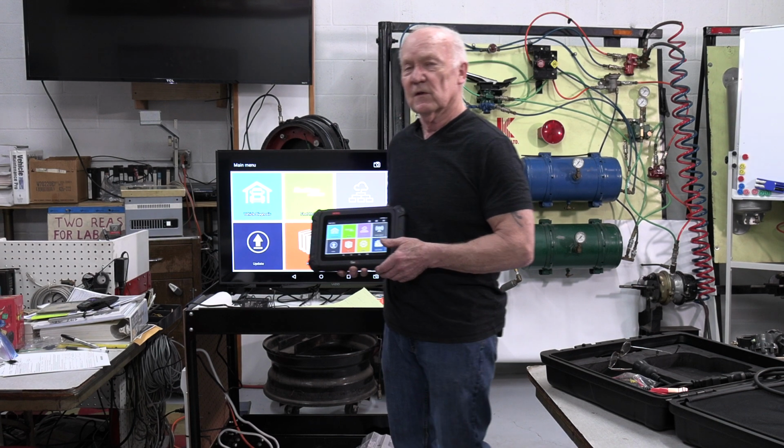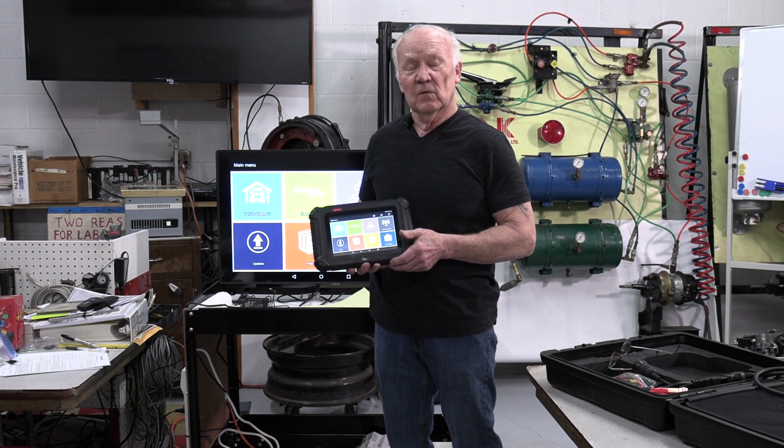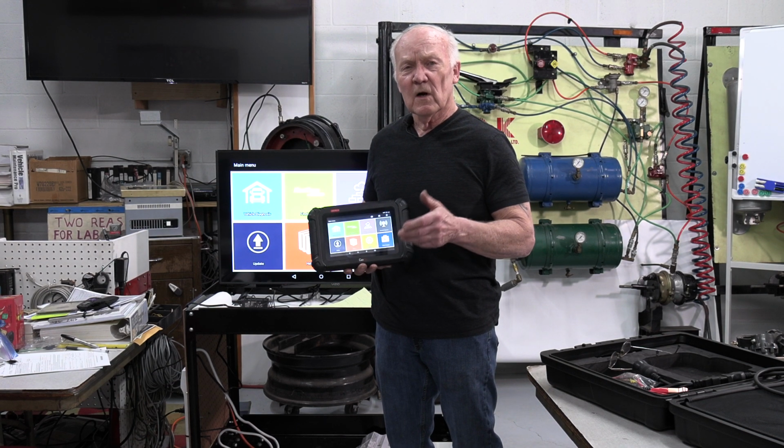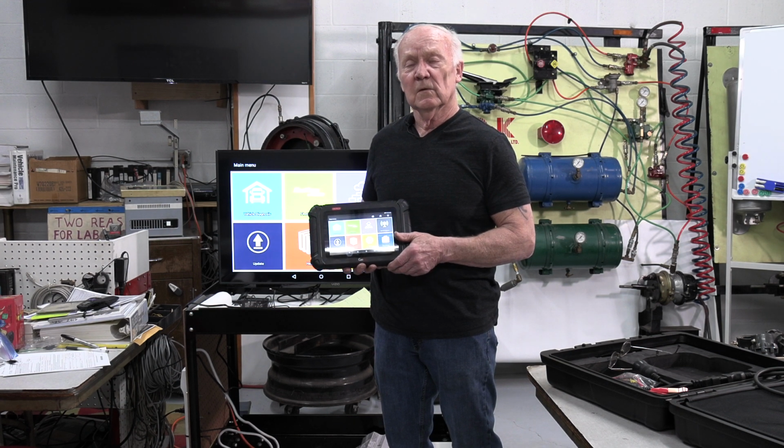One of the thoughts that occurred to me is that, being a typical general repair shop, what often happens is a vehicle comes in, and it's the nature of the beast, a commercial motor vehicle, a heavy tractor trailer.